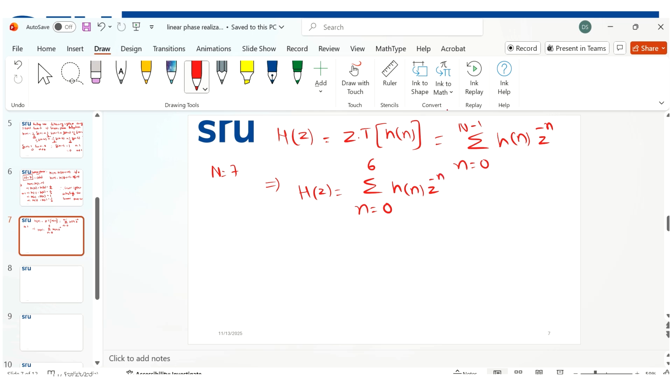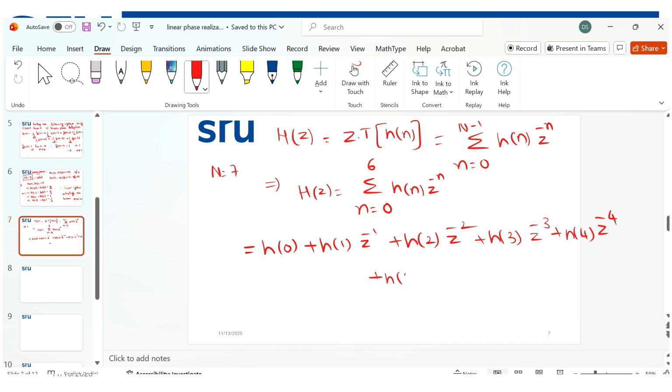Now, substitute these n values between n equal to 0 to 6. If I substitute n equal to 0, I have h of 0 z power minus 0, that is 1, plus h of 1 into z power minus 1, plus h of 2 into z power minus 2, h of 3 into z power minus 3, plus h of 4 into z power minus 4, plus h of 5 into z power minus 5, h of 6 into z power minus 6.